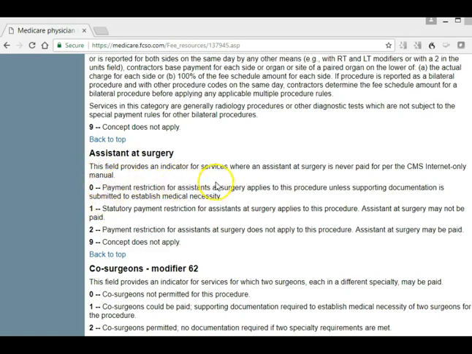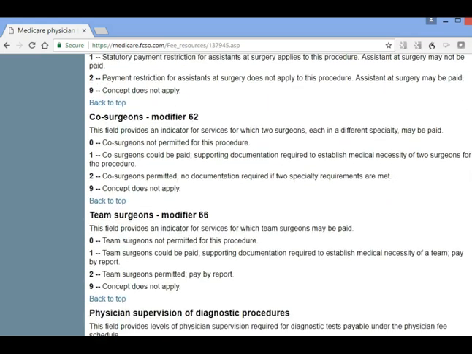Payment restriction for assist at surgery applies to the procedure unless supporting documentation is submitted to establish medical necessity. Again, this is an X-ray, so it wouldn't make logical sense to have an assistant surgeon at this case. Okay, the same thing with co-surgeons and team surgeons.